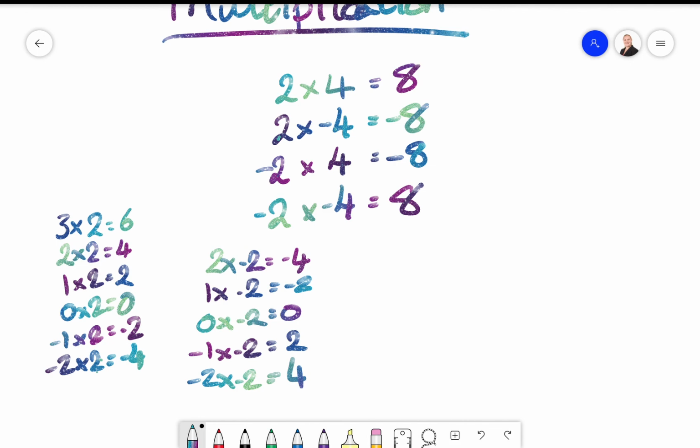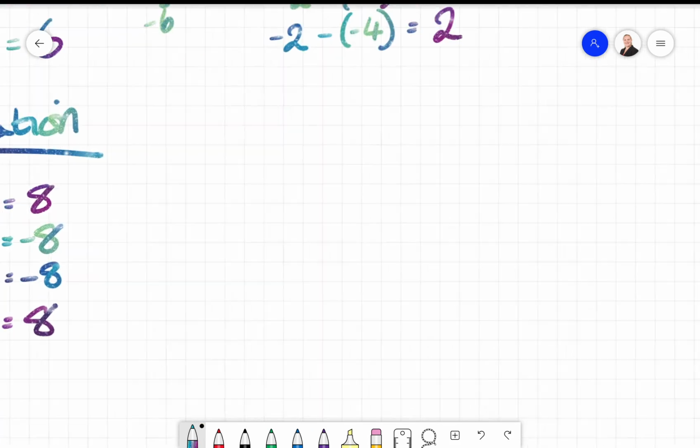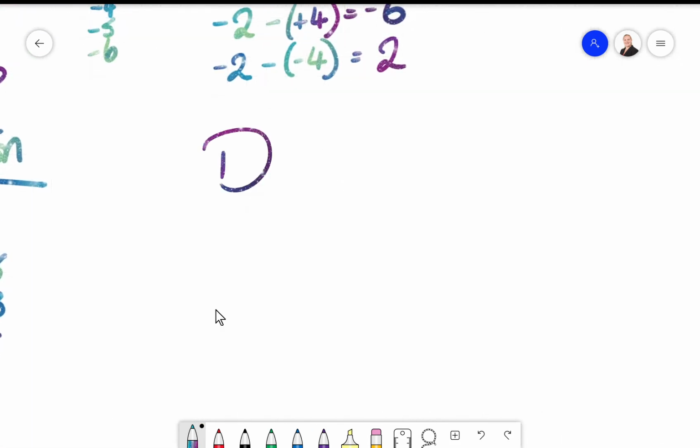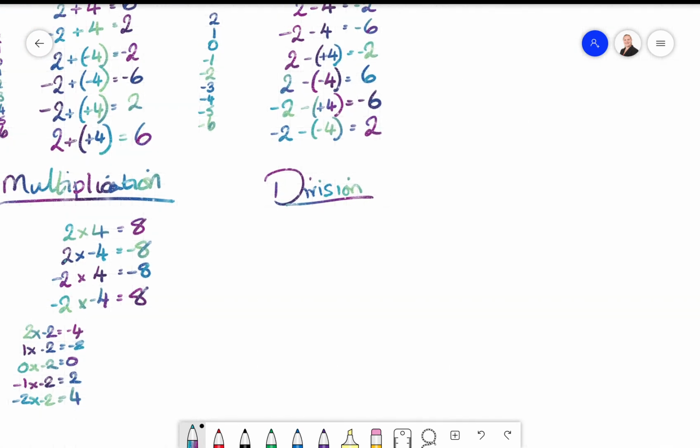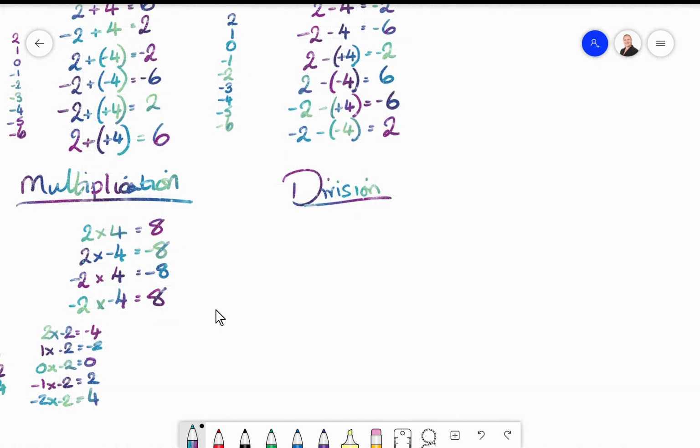Okay. And then if we look at division, division uses the same rules. So I'm going to use 8, 4, and 2. So I'm going to say 8 divided by 4 is 2. I also know that 8 divided by 2 is 4.